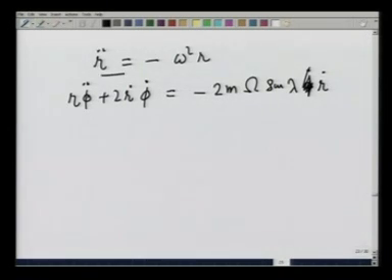The first equation gives me the usual oscillatory behavior with r equals some amplitude times sine omega t.